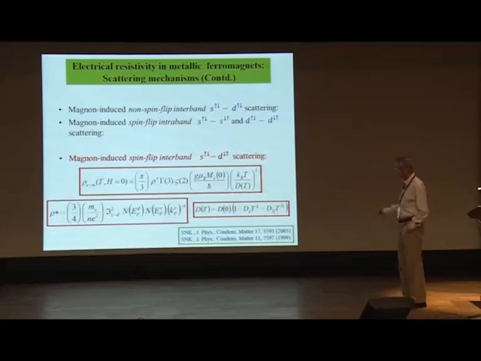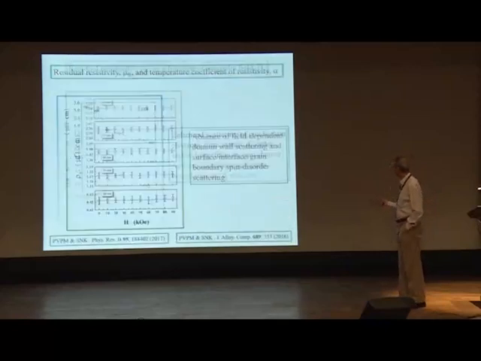Then it can also go as T square. So not only do you have electron-electron scattering which goes as T square, you also have coherent electron-magnon scattering, which also gives rise to a T square term. So the question comes, how do you separate them out? How do I say whether this is actually electron-electron scattering or electron-magnon scattering? That's what we're trying to see here.